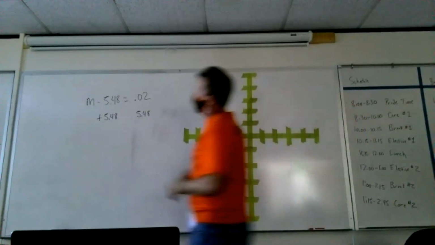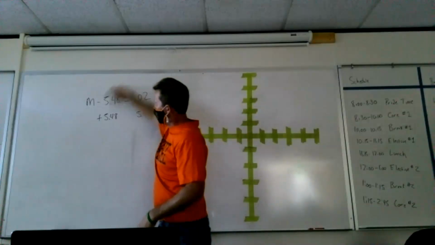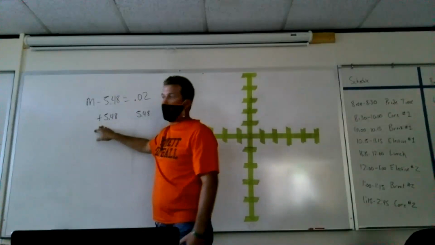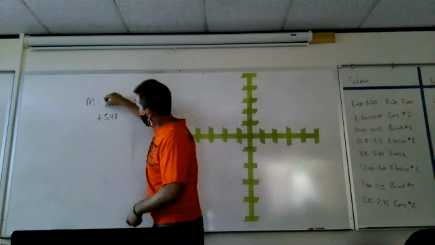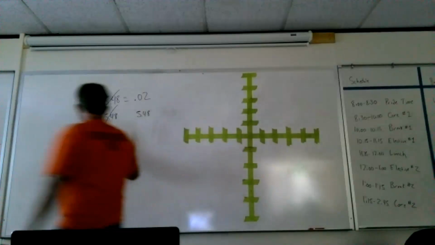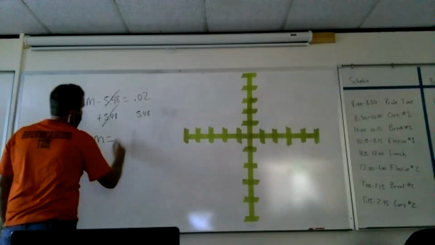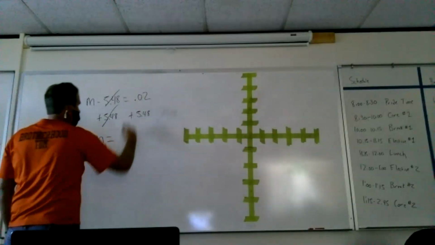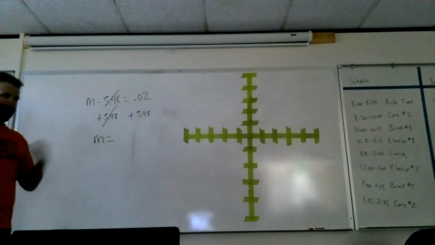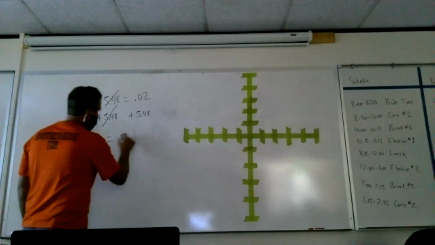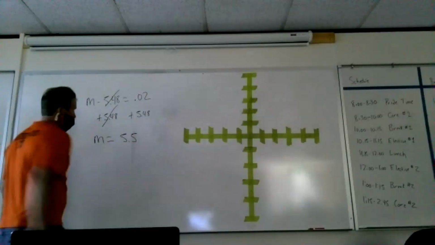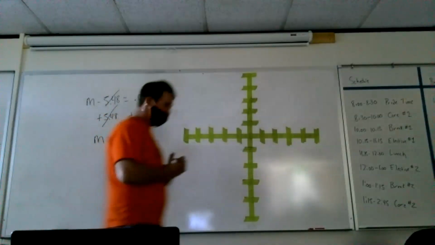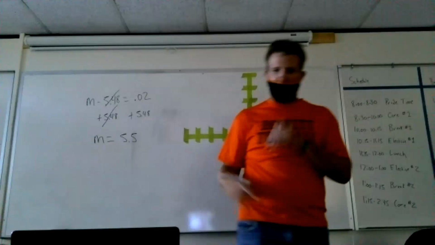So if we have a negative 5.48 and we're adding 5.48 to it, those are going to cancel out, and those are now gone. And m is by itself. And then 0.02 plus 5.48 is going to be equal to 5.5. So the solution that makes this true is 5.5.